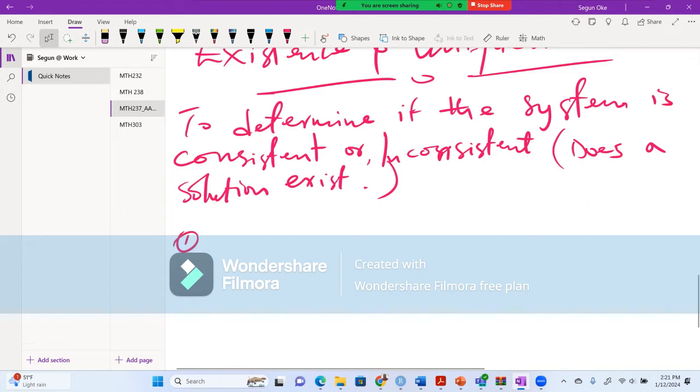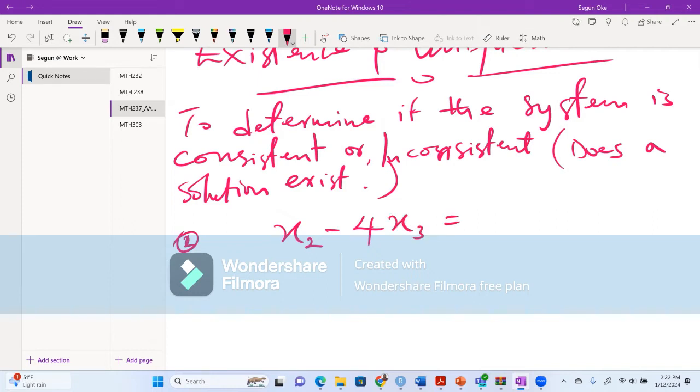Example number 2 says: x2 minus 4x3 equals 8. Let me put it this way so that you understand: 0x1 plus x2 minus 4x3 equals 8.